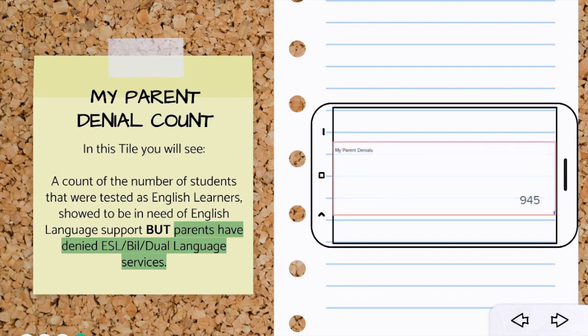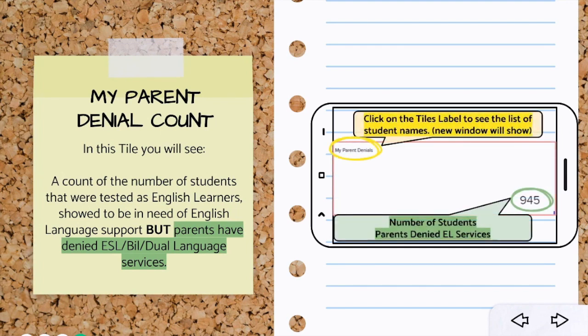The next tile is my parent denial count. In this tile, you will see a count of number of students that were tested as English learners, showed to be in need of English language support, but whose parents have denied ESL, bilingual, or dual language services.